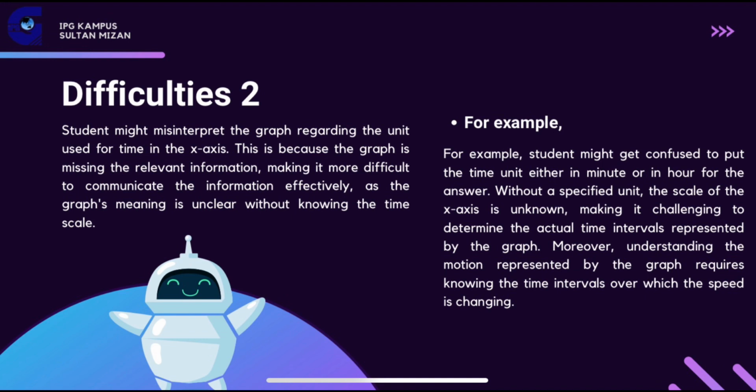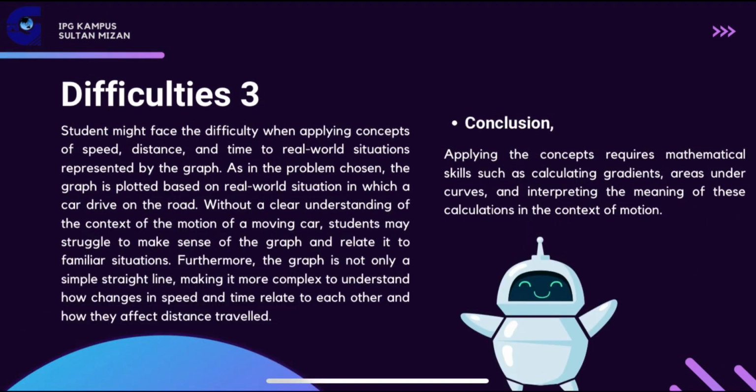Moreover, understanding the motion represented by the graph requires knowing the time intervals over which the speed is changing. Lastly, students might face difficulty when applying concepts of speed, distance, and time to real-world situations represented by the graph.